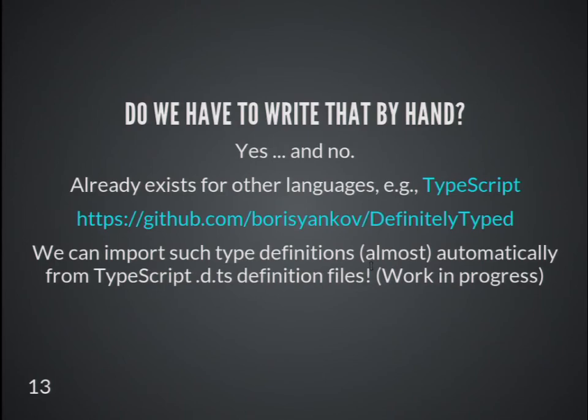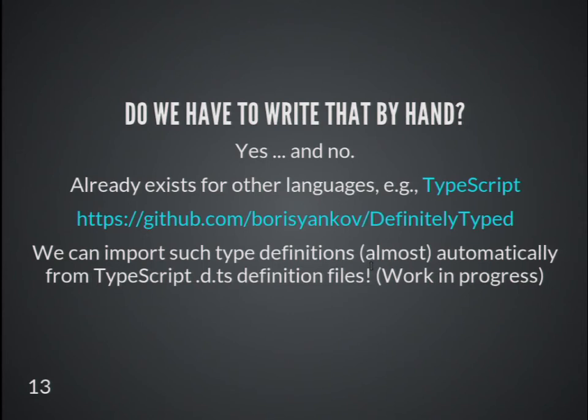Okay, so do we have to write that by hand for all the JavaScript APIs that we want to use? Well, yes and no, because it turns out other people have done that before. And a very good example of a language that has this is TypeScript.